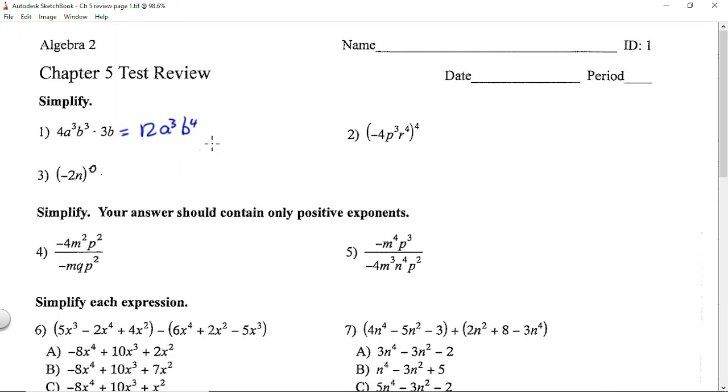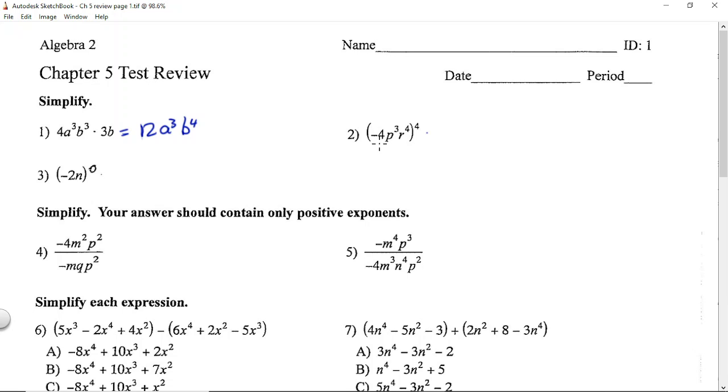Okay, we will do number 2 because we don't have another example just like it. So we're raising this entire expression to a power. So we really just apply that 4 to each thing inside the parentheses.